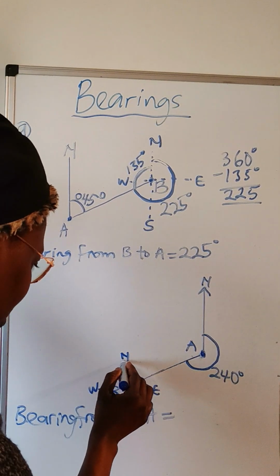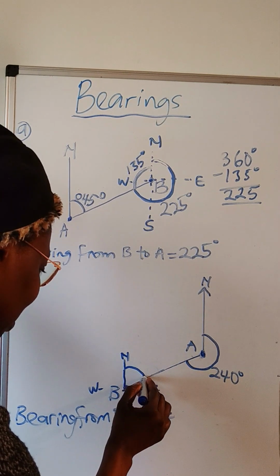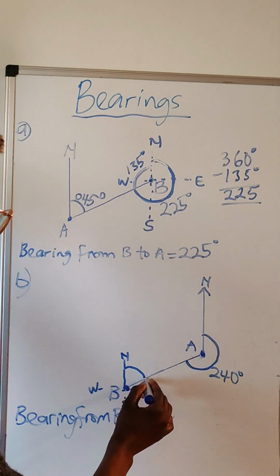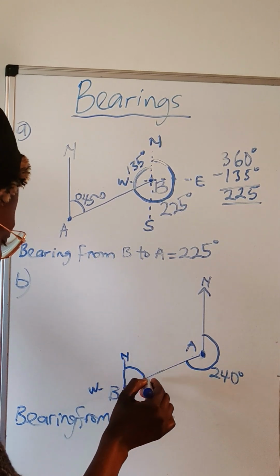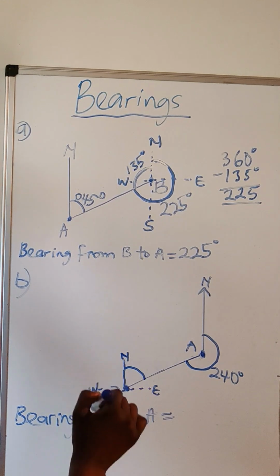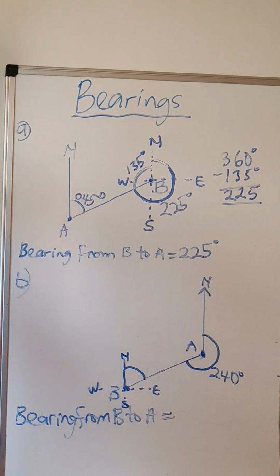So this is the north, and this is the clockwise movement to A. The bearing from B to A, or the bearing of A from point B.